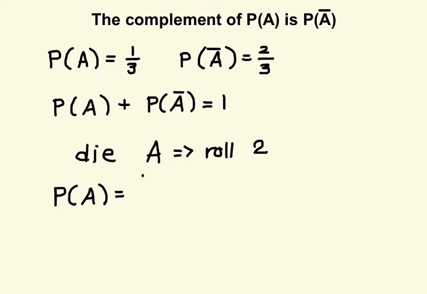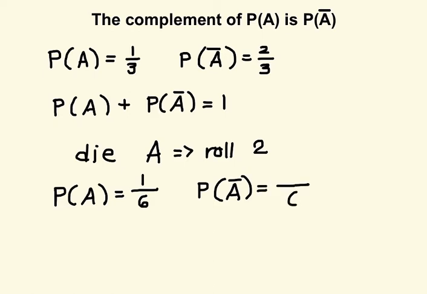There's one side of the die with a 2, and the total number of sides on the die is 6, with only one side having a 2 on it. So the probability of rolling a 2, where A is the event rolling a 2, the probability of A is 1/6. The probability of the complement of A is the same as the probability of not rolling a 2.